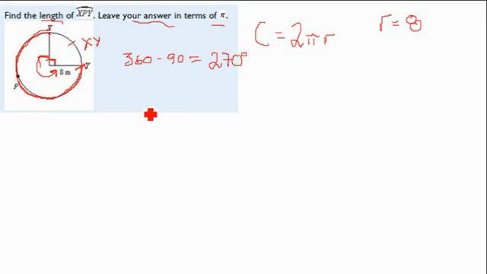So in order to find the length of xpy, and this little arc thing above the letters, that means arc xpy, in order to find the length, we need to take the central angle divided by 360 and multiply that by the circumference, which in this case is 2 times pi times 8.